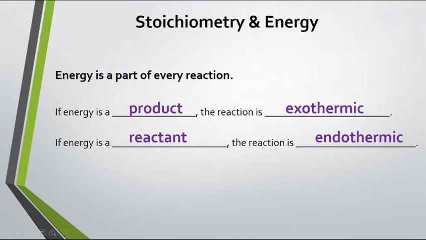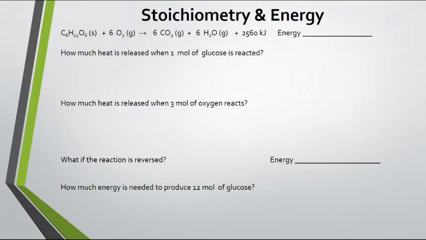So we can see a reaction with those kilojoules, that energy term written in the reaction. Even if we don't see a positive or negative sign on it, we can tell whether it is endothermic or exothermic. So let's go ahead and get into some real stoichiometry with energy.